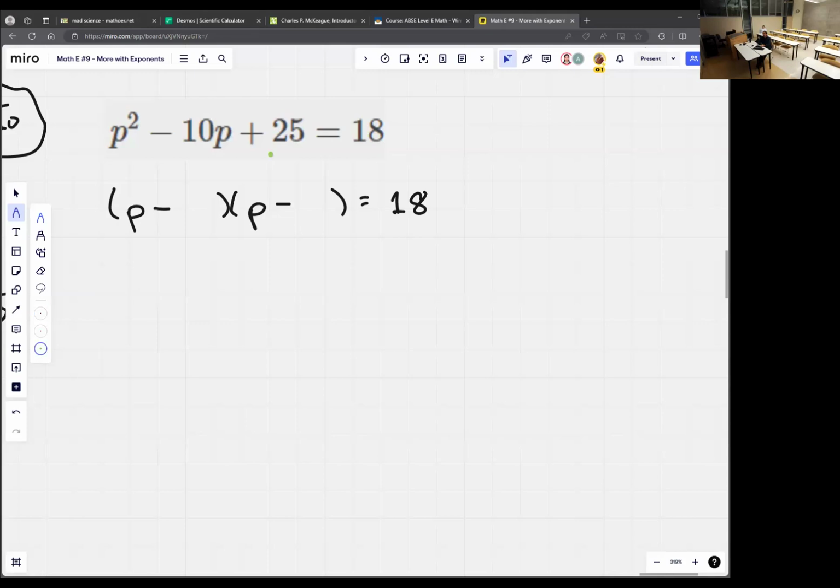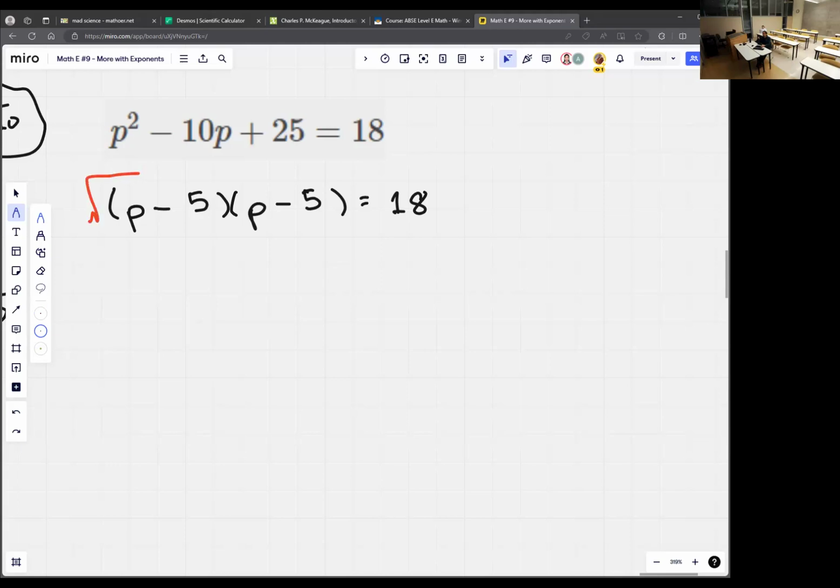I need two numbers that multiply to 25 and add up to 10. Fine, 5 and 5. And they're both negative, so that we have a -5 and -5 makes a -10. But a negative times a negative makes a positive for 25. Okay, so this is p minus 5 times itself.